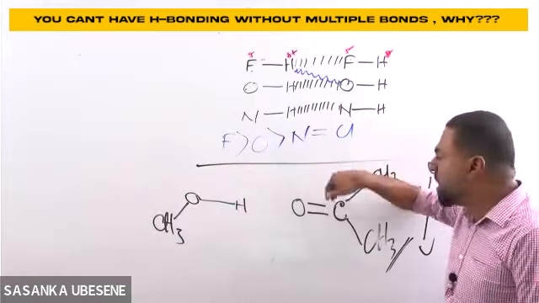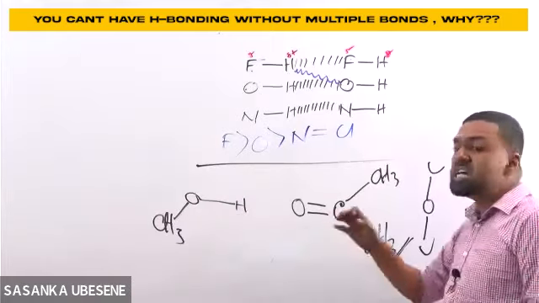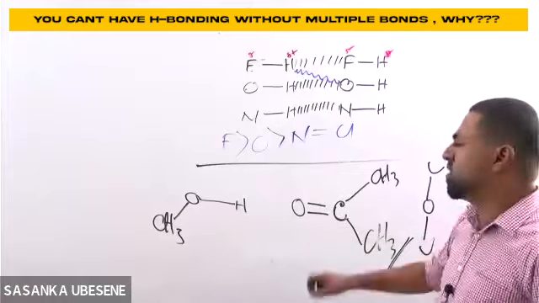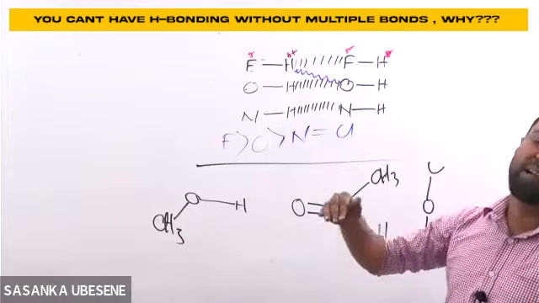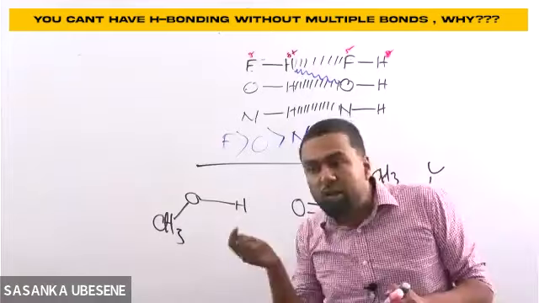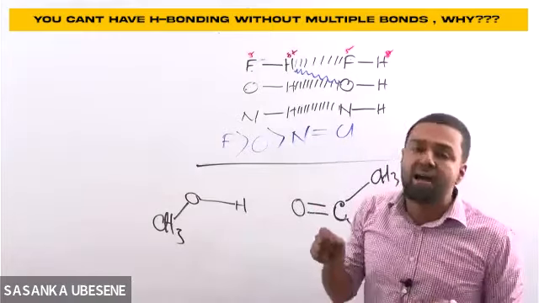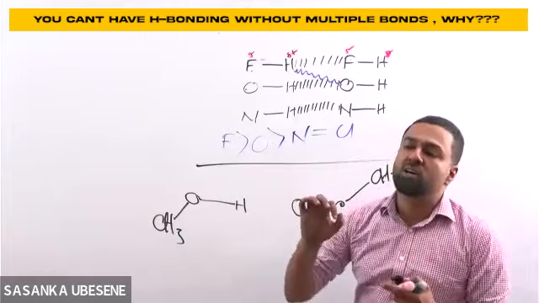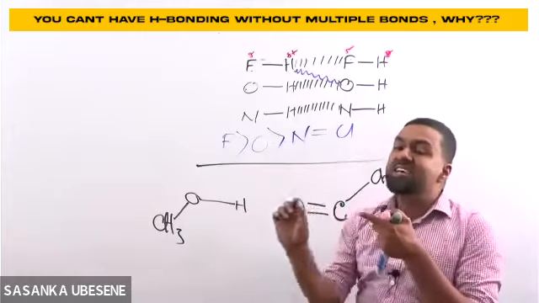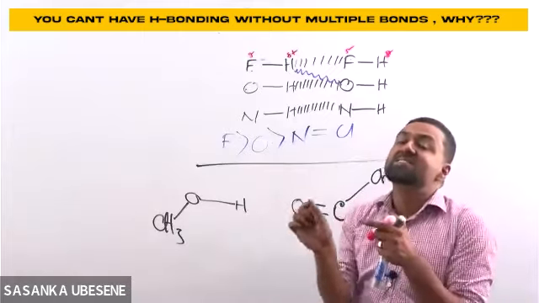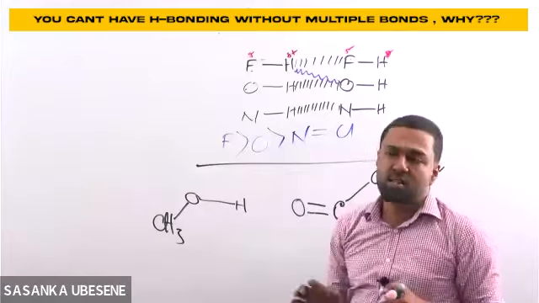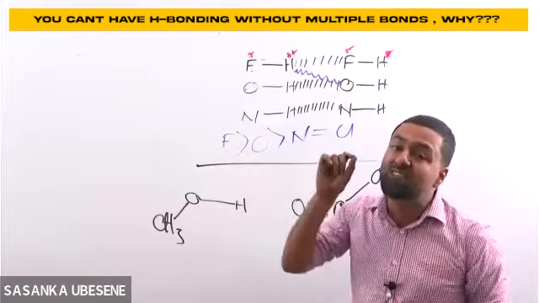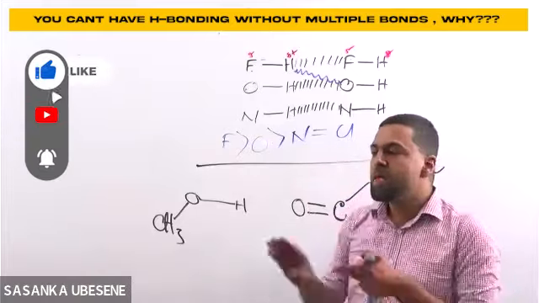I mean double bonded to carbon. You need that. Why? Because in a double bond, you have a sigma bond and a pi bond. So what is the difference between sigma bond and pi bond? What do you mean by sigma bond? You have the electron cloud on the line joining axis of two nuclei.